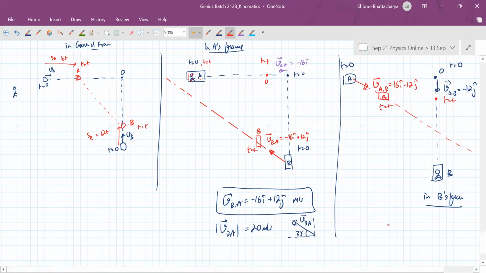And this one, velocity of A with respect to B, 16 I cap minus 12 J cap in meters per second. This also has the same magnitude, but opposite direction. It's like this. This angle is 37 degrees.